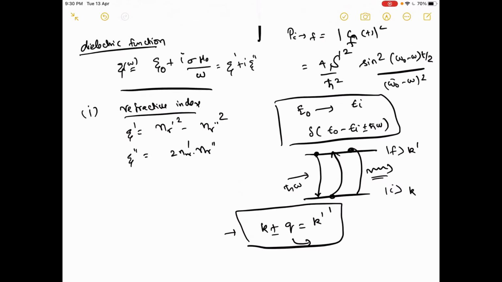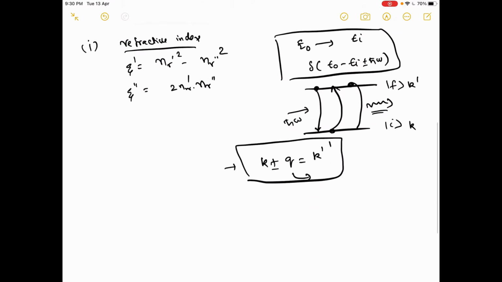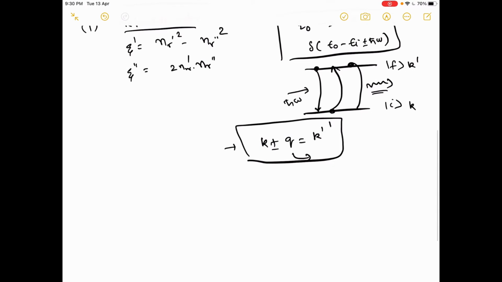Obviously the trick lies in S square, because that is one thing which we have not used. So to refresh your memory, S or S square basically is the final state, A dot P, initial state. This A dot P comes from the interaction Hamiltonian.